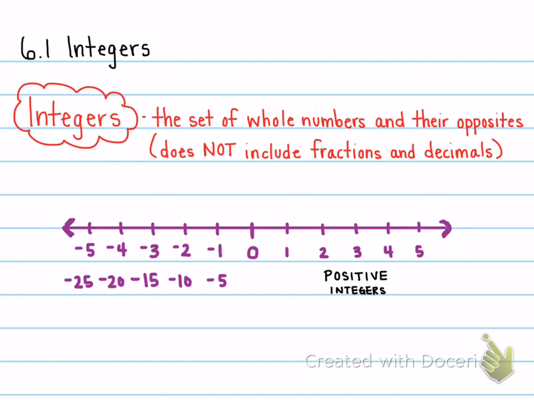If I went by twos, it would have to be -2, -4, -6, -8. You have to use equal intervals when you write in a number line. So then, like I said, the left side of 0, those are your negative integers.